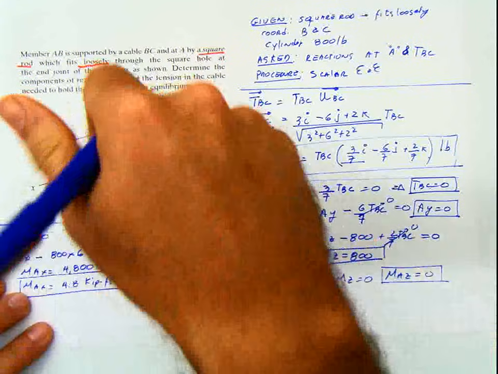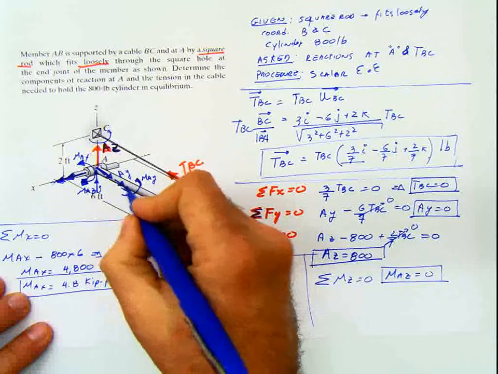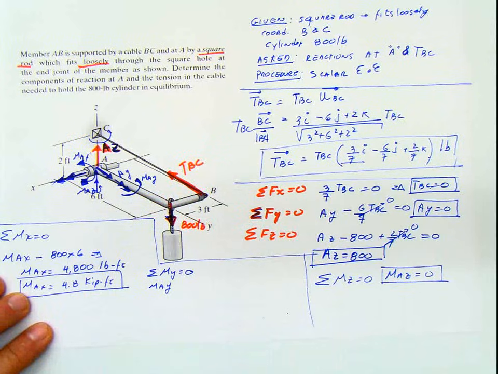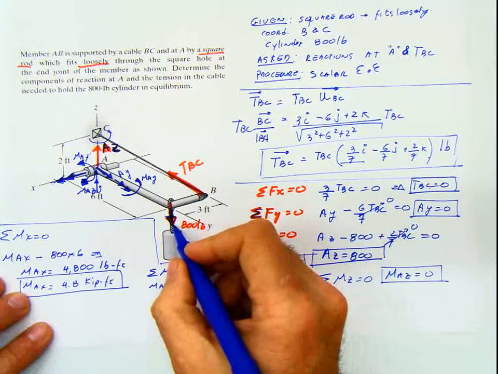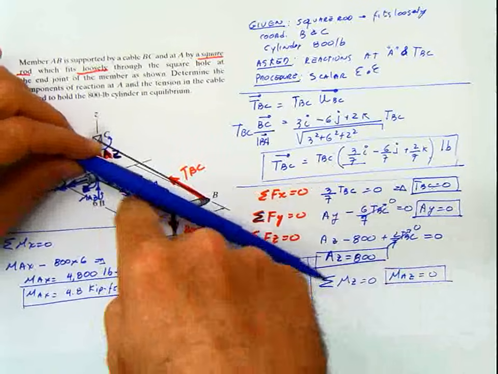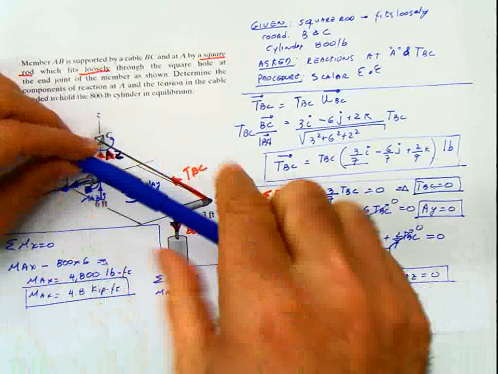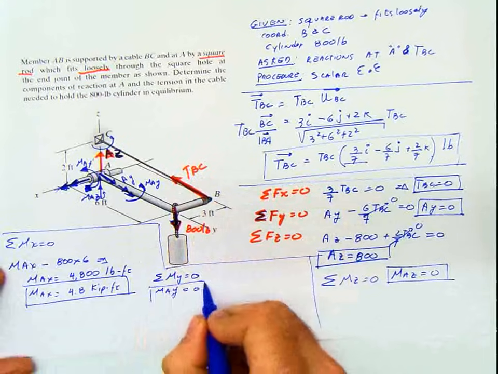It looks like it was in that direction, but it's coming from below. That's why I prefer the double arrow to show the sign. So MAY, what else? Does this force produce anything about the y-axis? No, because the only rotation that it's going to produce is about the x-axis, and this is 0. So MAY is also 0.